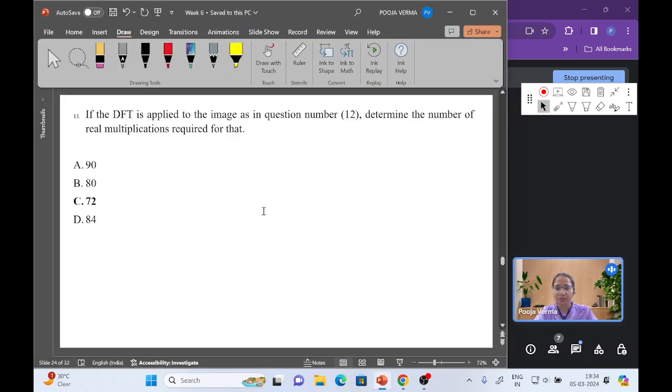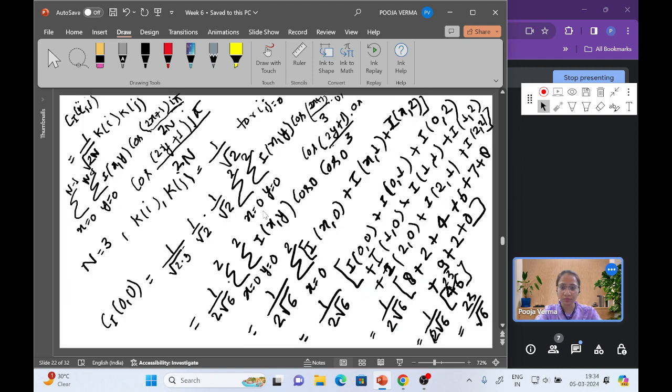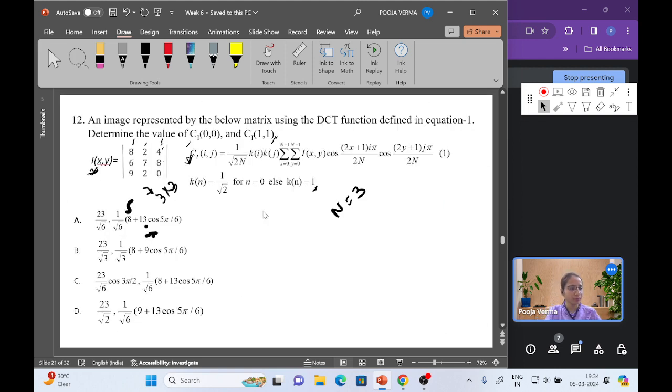If the DFT is applied to the image as in equation number 12, or question number 12, sorry, determine the number of real multiplications required for that. So how many real multiplications are required for the previous question? For that question, we have taken the two values Ci00 and Ci11.